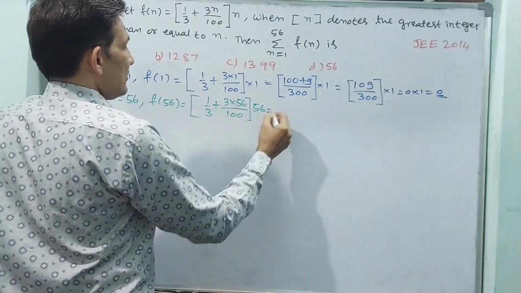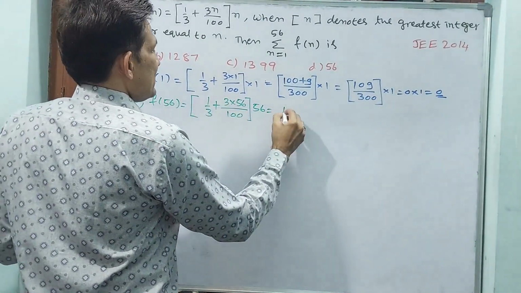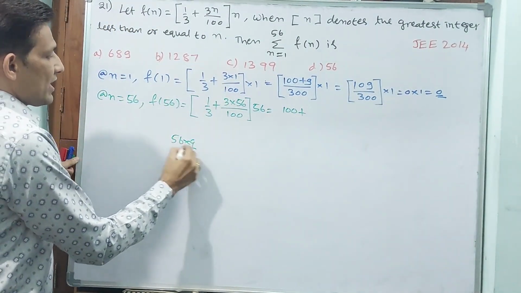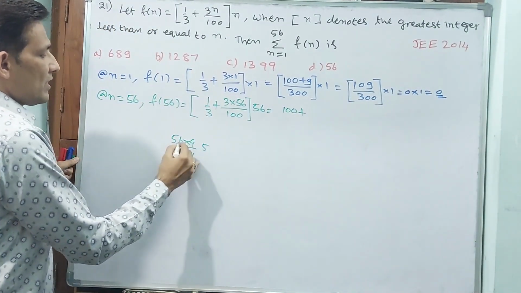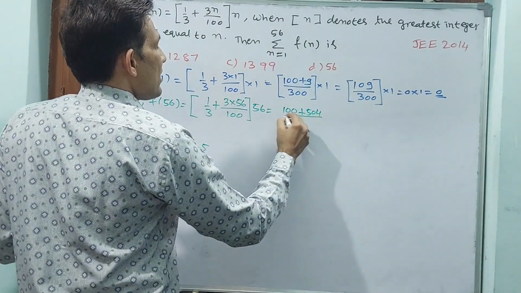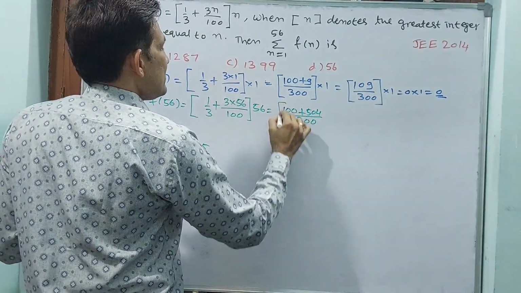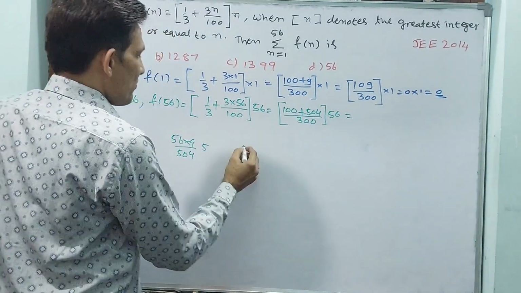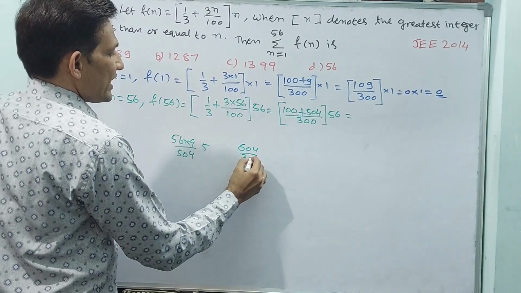That is 100 plus 9 into 56. 9 sixes are 54, 9 fives are 45, 50, 504. So 504 by 300, into 56, this becomes 604 by 300.